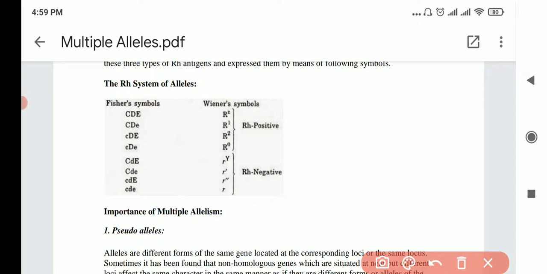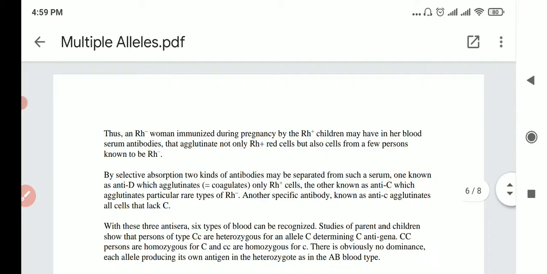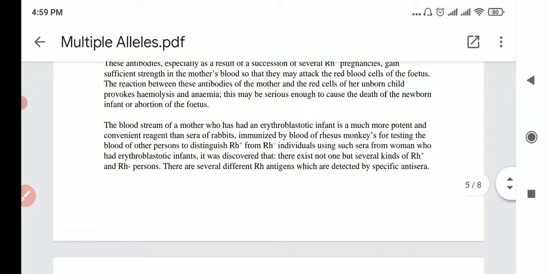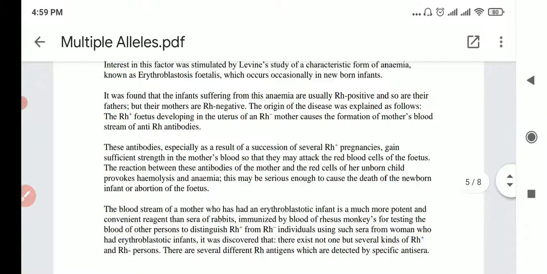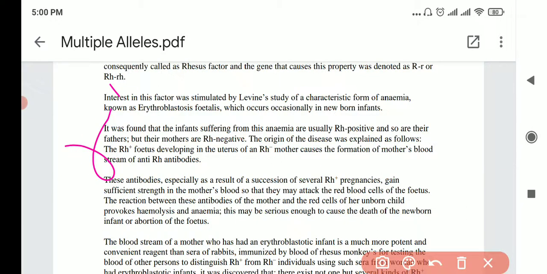Now, what is dangerous is if the person is rhesus negative. So it could be R prime, or just R, or R double prime, or R0, I think.